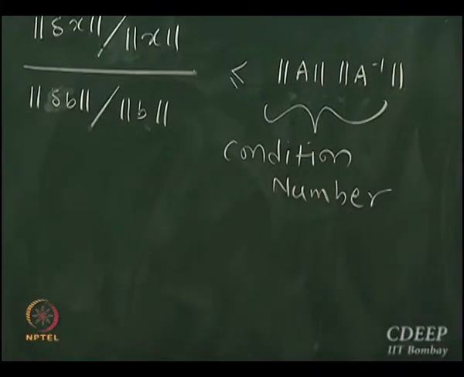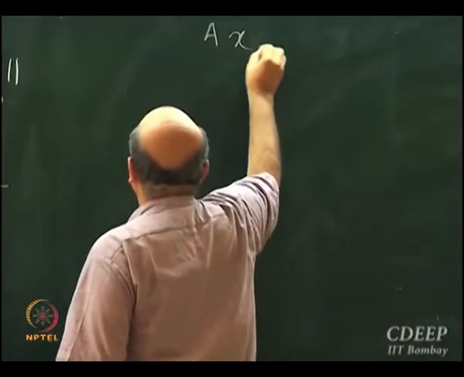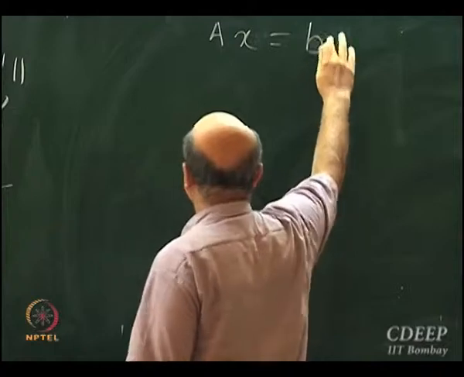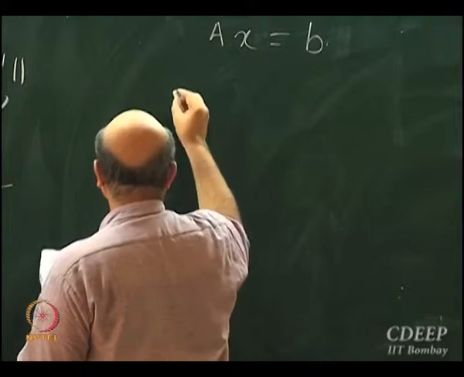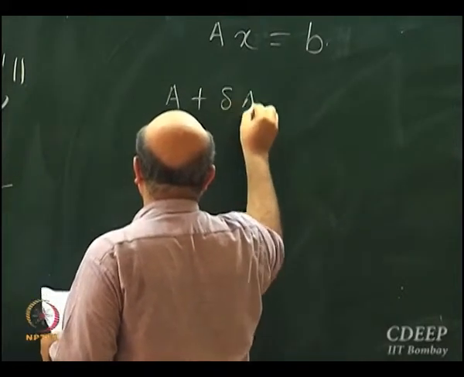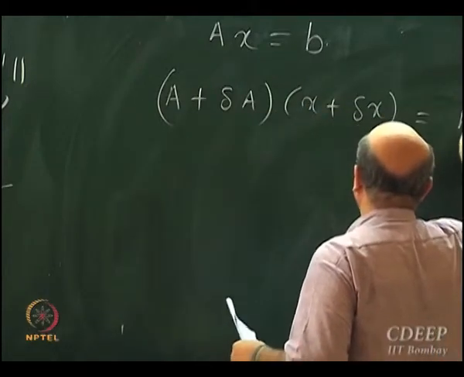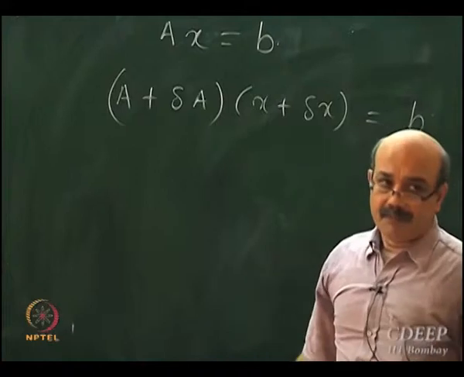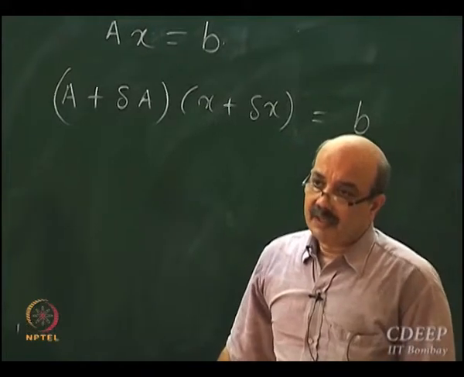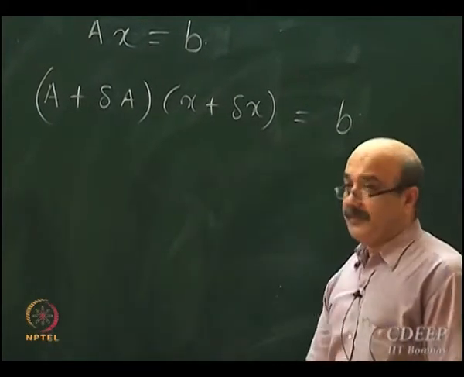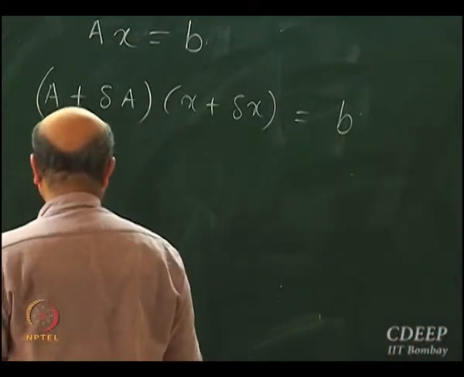Okay, now let me analyze another case. Now I want to solve Ax equal to b. This is my equation number 1, and then I end up solving (A plus delta A)(x plus delta x) is equal to b.